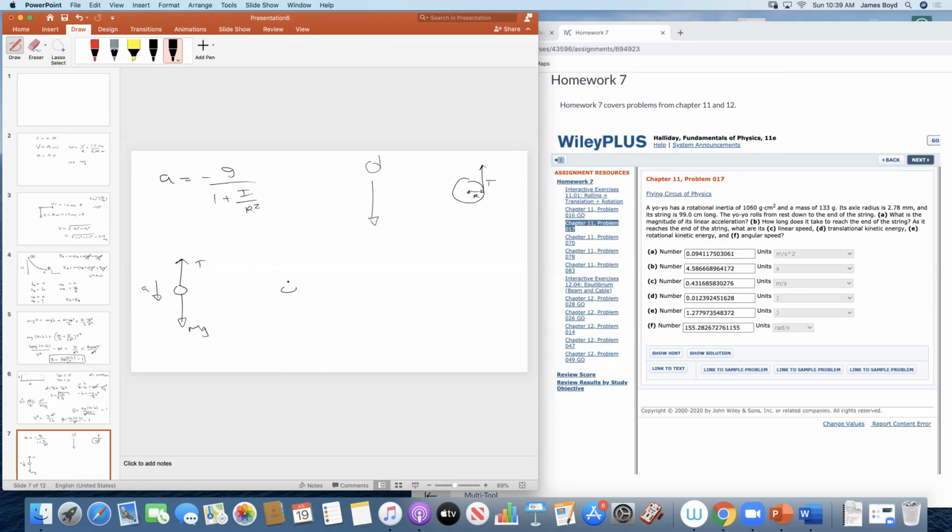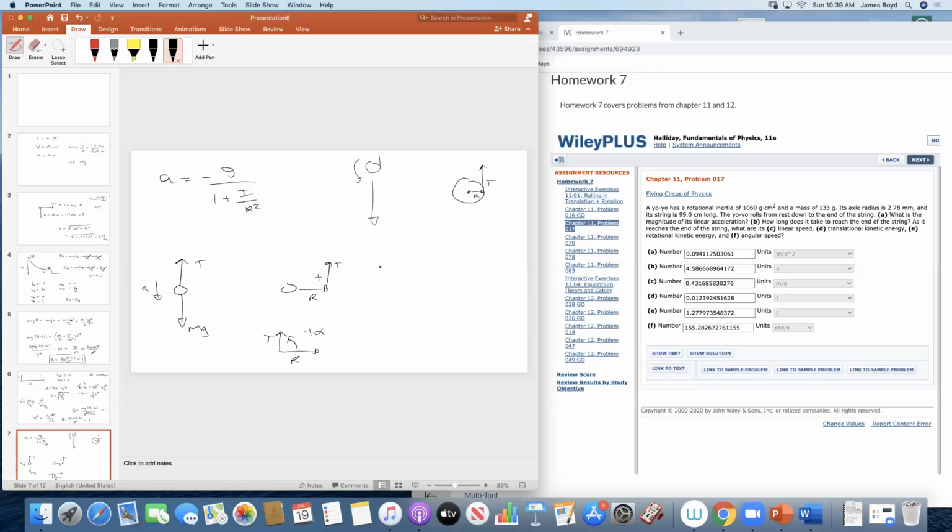So there's a torque equation that says R cross T, and if we put these tail to tail, this is going to rotate positive alpha. So this is a positive torque, and the whole thing's going to spin about that direction as it drops.